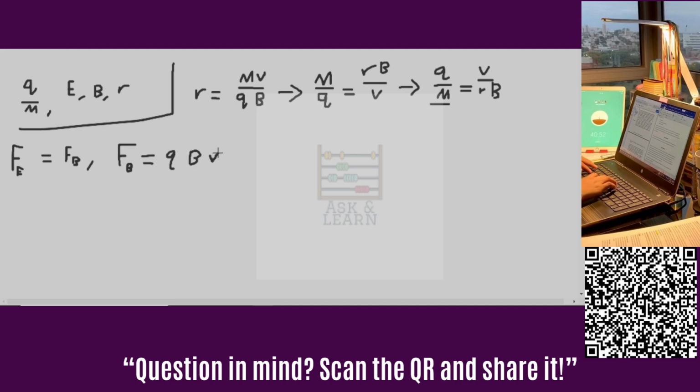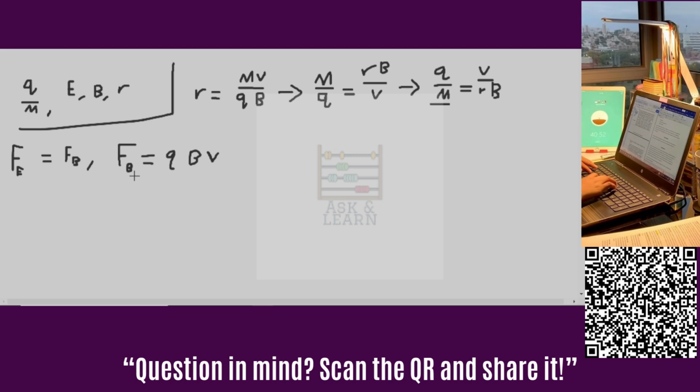Now this is typically times sine of theta, but since in this problem we know that the particle is traveling in a straight line, it means that the velocity is perpendicular to the magnetic field, so we'd end up getting sine of theta to be equal to 1, so we don't need to worry about it in this problem. So this is all we need for the force of the magnetic field.